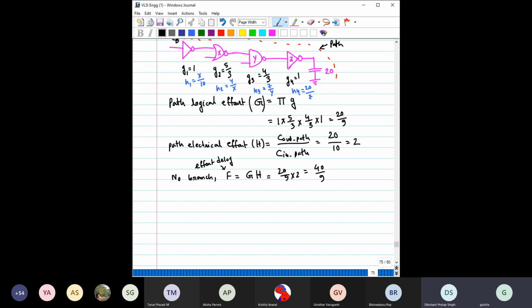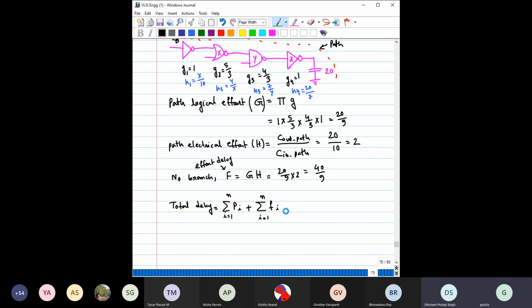So we can write it like this: total delay would be the parasitic delay, where we add all the parasitic delays for all these gates, plus all the effort delay. This is the path effort delay, but these are the individual gate-level delays.